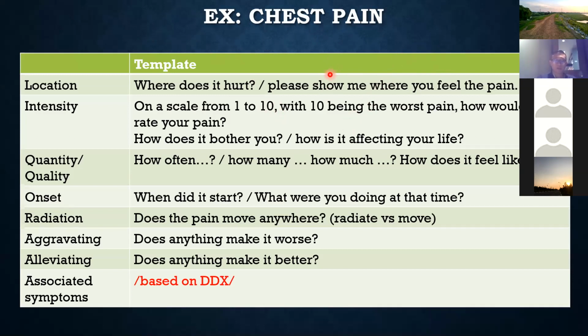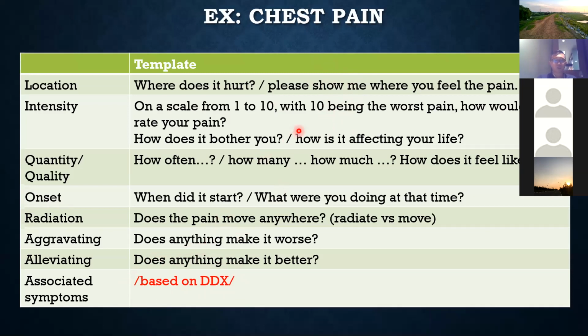So as you can see, the patient has chest pain. You can think of some of the causes from the heart, causes from the lungs, causes from the GI, from the musculoskeletal. So based on differential diagnosis means, for example, if we think the patient may have a problem with the lungs, we can ask, do you have any cough, any shortness of breath, any sputum when you cough or not?